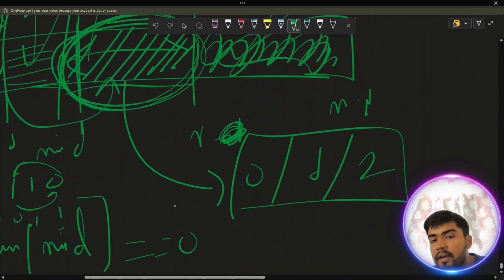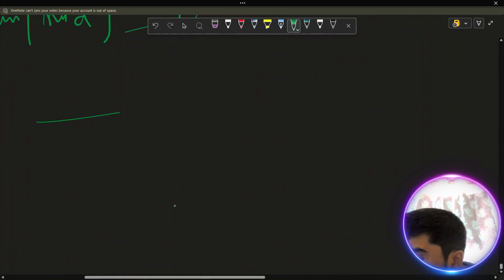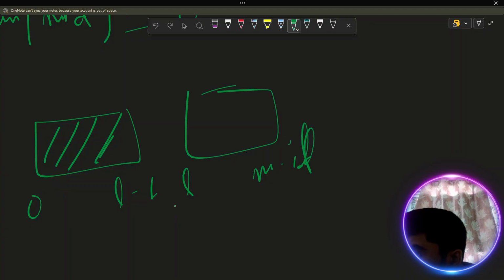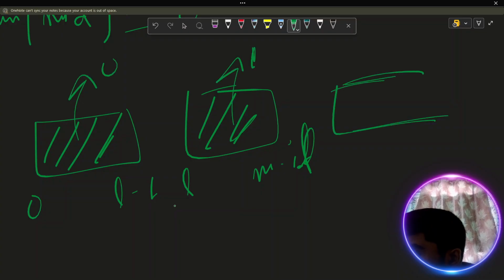Because what we actually did, we have some segment of zeros, that is 0 to L minus 1, and we have a segment of L to mid minus 1, which is holding all 1s, and we have the unsorted segment, that is mid to right.